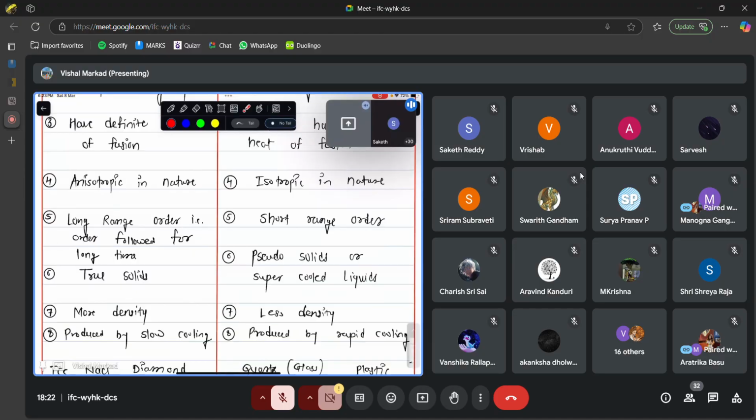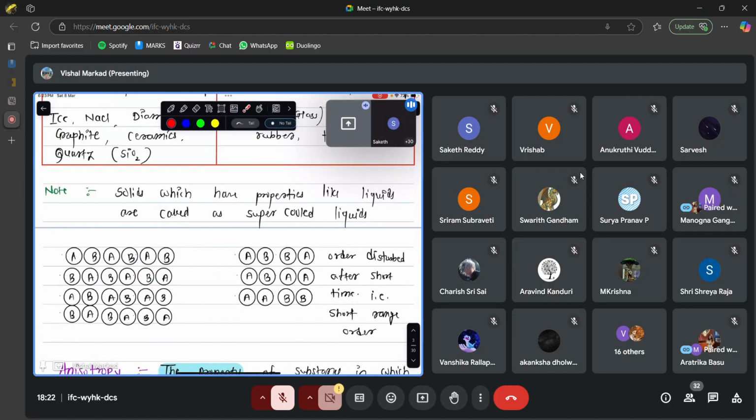The reason is that if the melting point for this direction is 50 and for this direction it is 30, then that solid has the average melting point. The average of 50 and 30 is 40. So it will have a fixed, sharp melting point at 40.